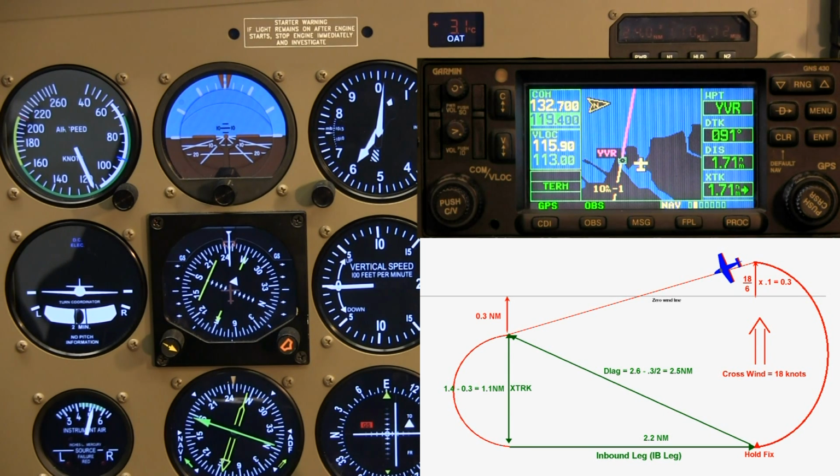As we roll out on the outbound leg, I glance at the cross track and see that it is roughly 0.3 more than in zero wind.